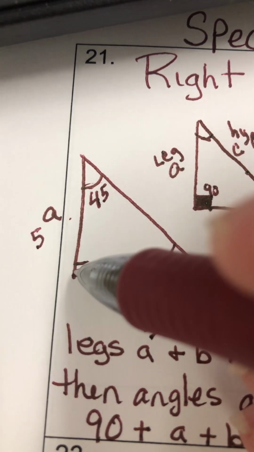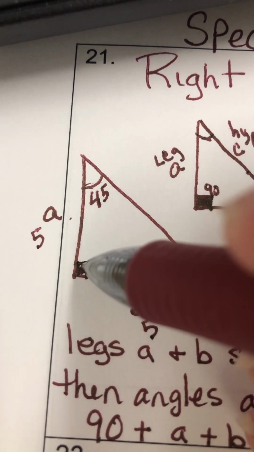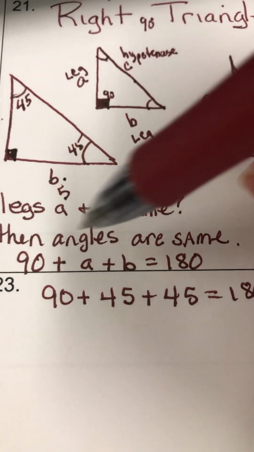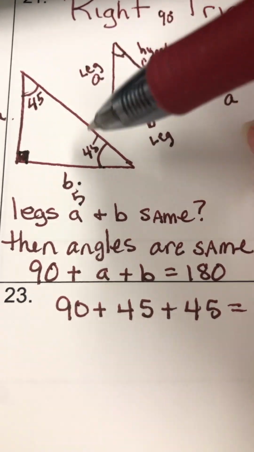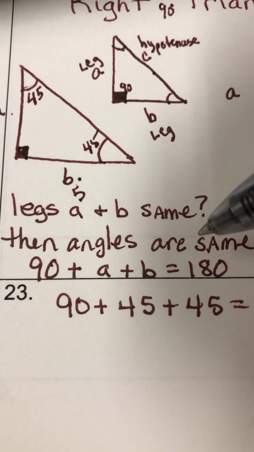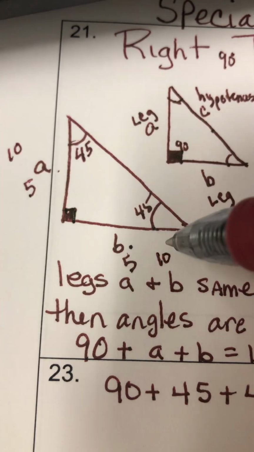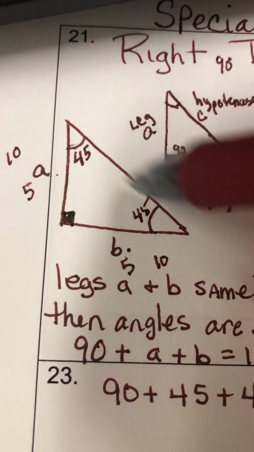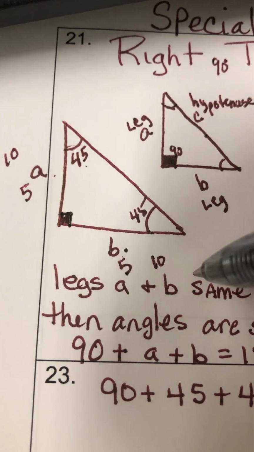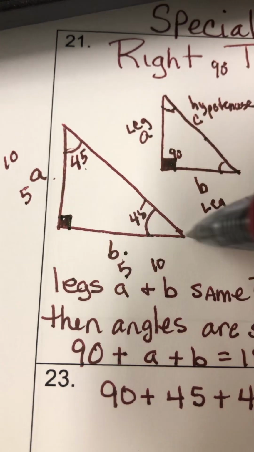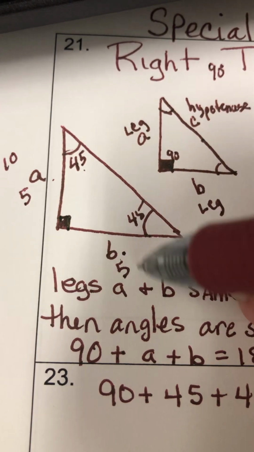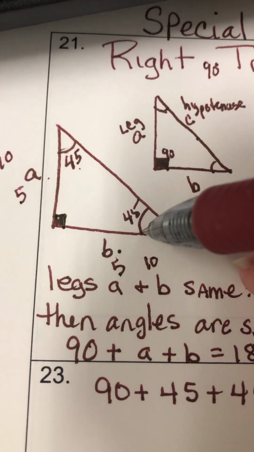Because you already have 90 right here. So when legs A and B are the same, then their angles will be the same. A and B would have to both be 45. Now, even if this was 10 and this was 10, since they're the same, these split the 90. These will still be 45 degrees. No matter how long the legs are, as long as the legs are the same, the angles would be 45 and 45.